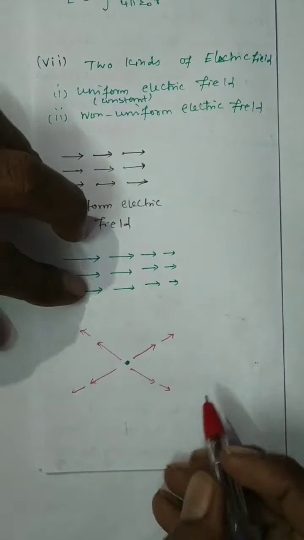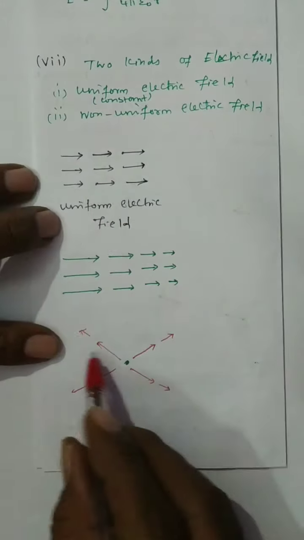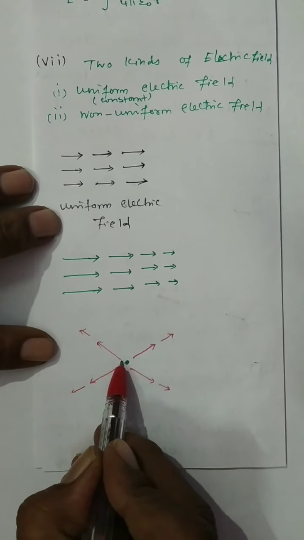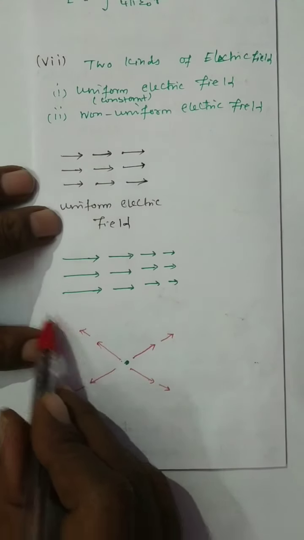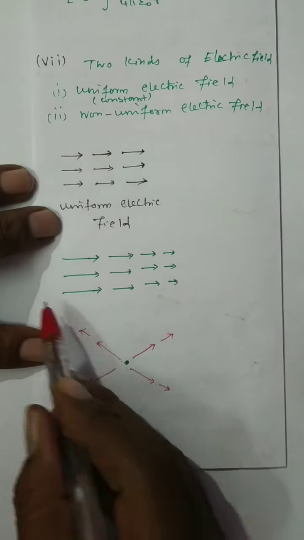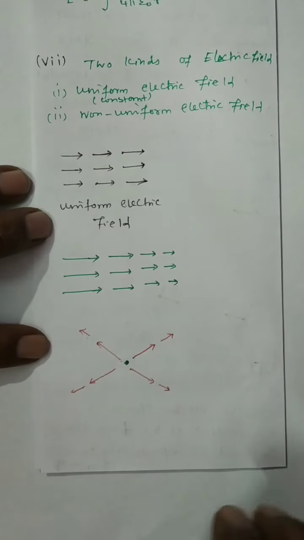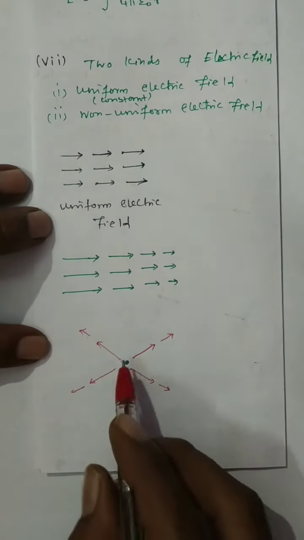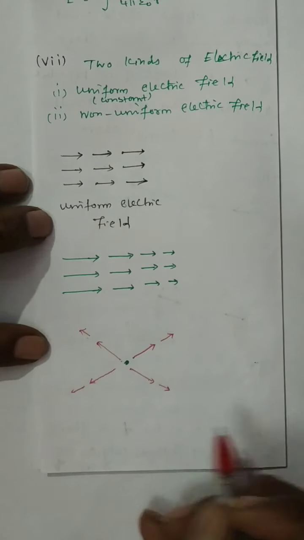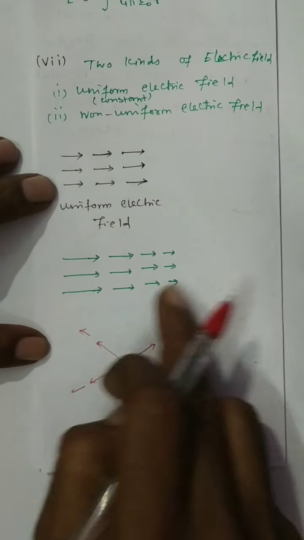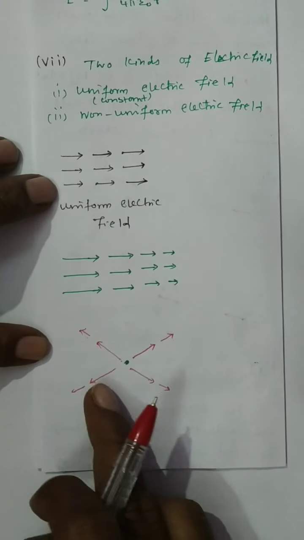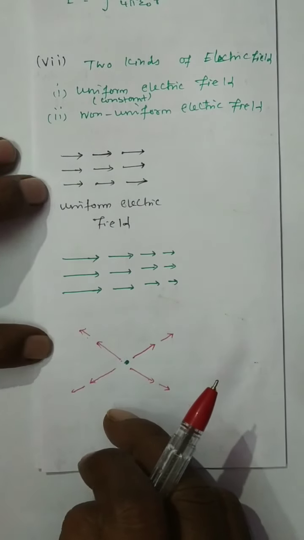When the distance increases, here there is more electric field, here there is less electric field. So magnitude and direction both are changing here. In the earlier figure, magnitude alone changes, direction is the same.